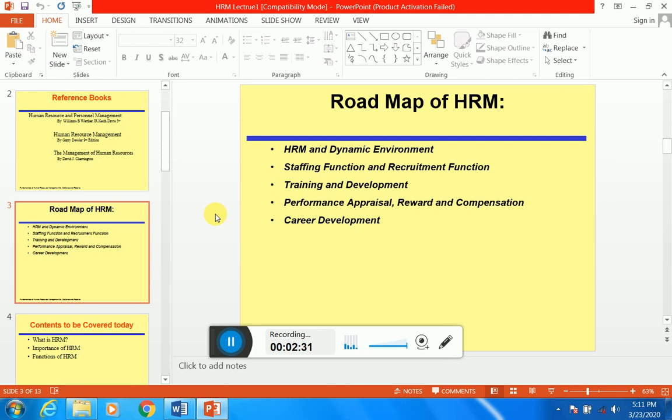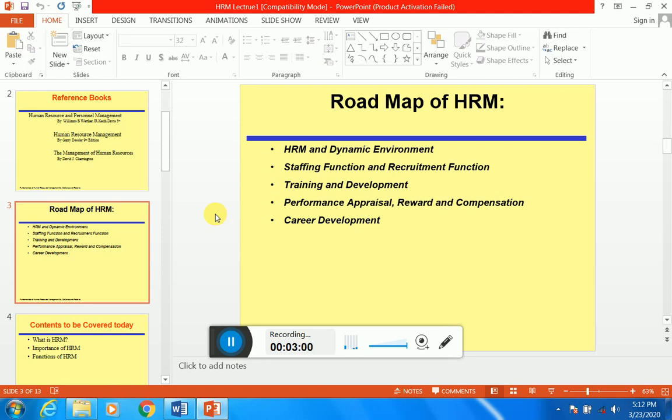After a long discussion, we will move toward the next roadmap, that is the staffing function. In very simple words, the staffing function is the hiring process. How companies do the hiring process, how companies do the job analysis process, how companies do the various job studies.